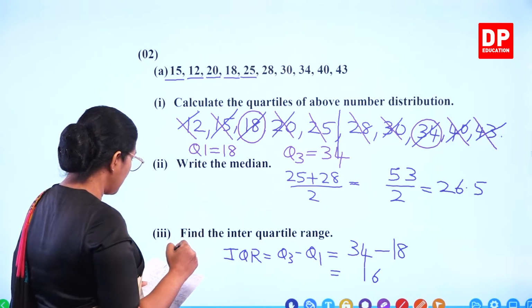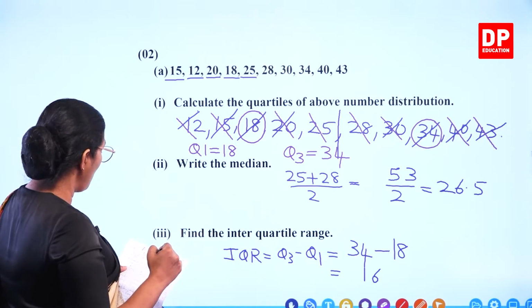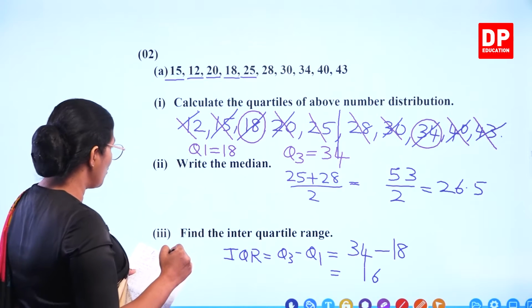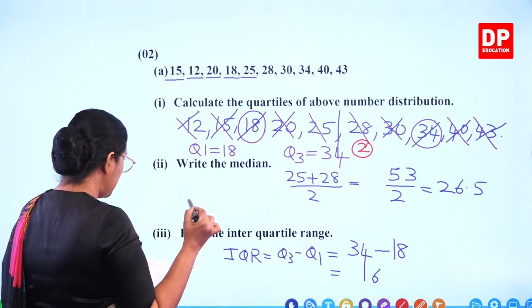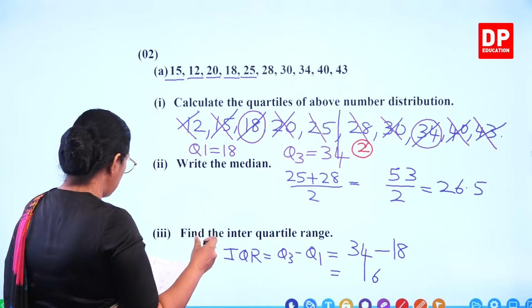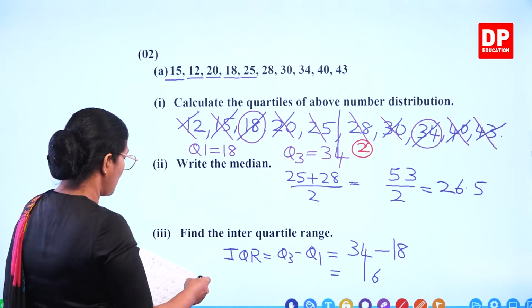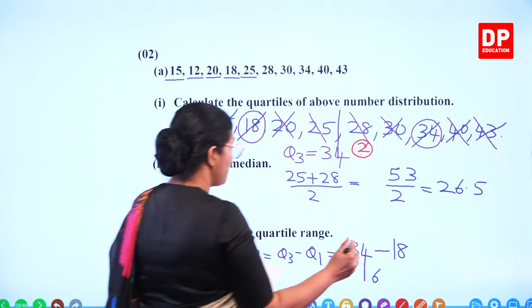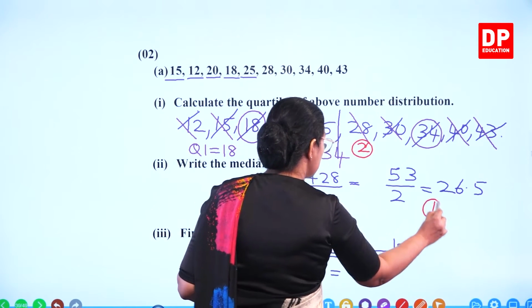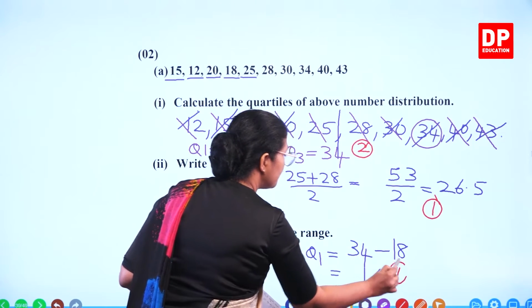Quartiles Q1 and Q3, 2 marks. The median, 1 mark. And for the interquartile range also 1 mark.